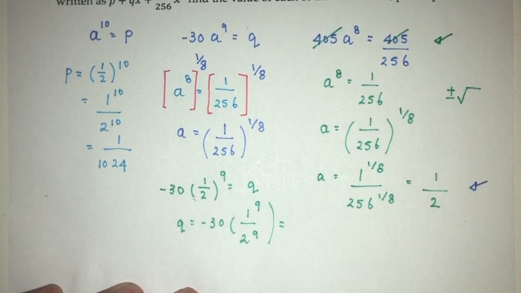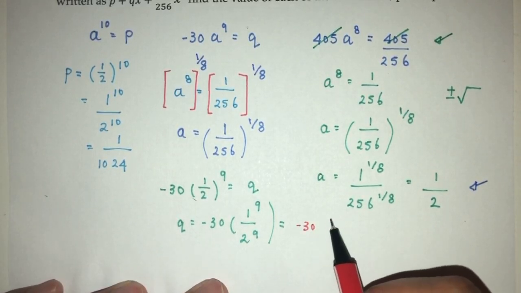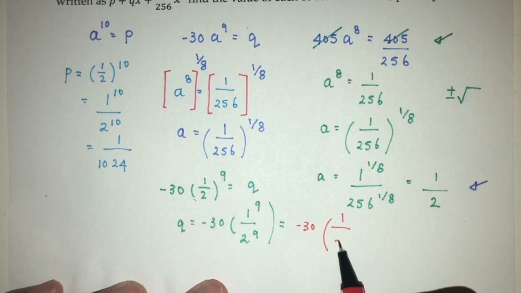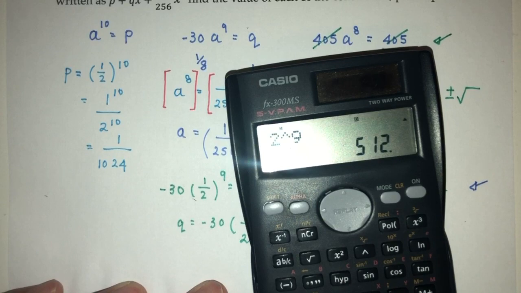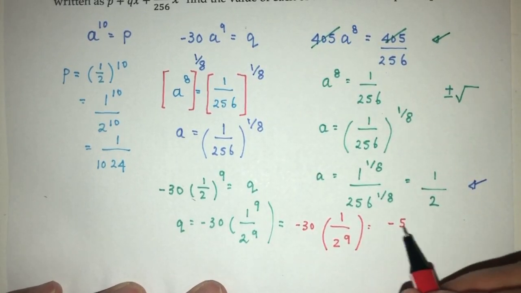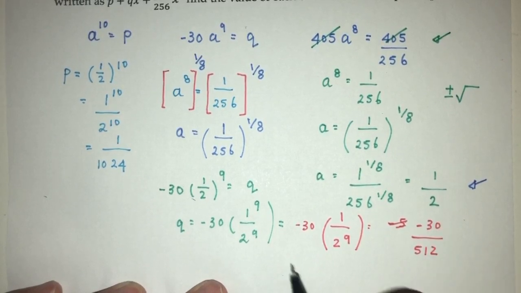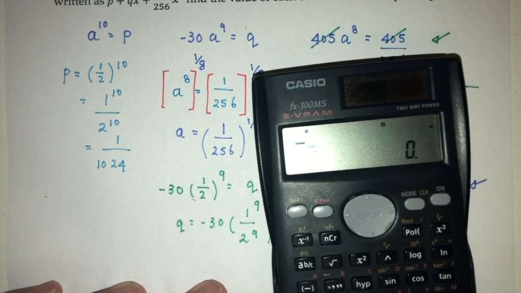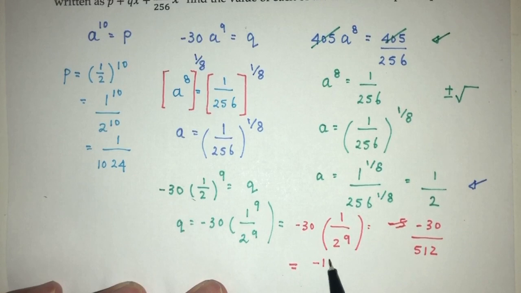Simplifying again, that will give me minus 30 times 1 over 2 power 9. Now what is 2 power 9? 512. So you have minus 30 over 512. That will be minus 15 over 256 for my value of Q.